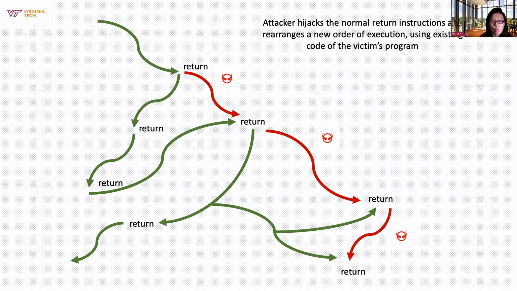This is a very high-level illustration of return-oriented programming, where the blue lines represent the normal control flow, and then the attackers are able to jump from one return to another, from gadget to gadget, and execute the existing code in a new order.